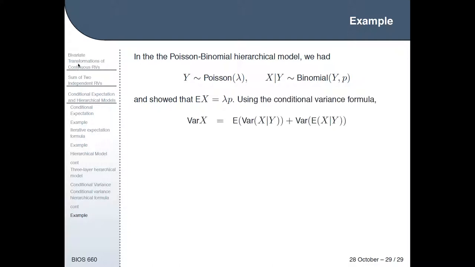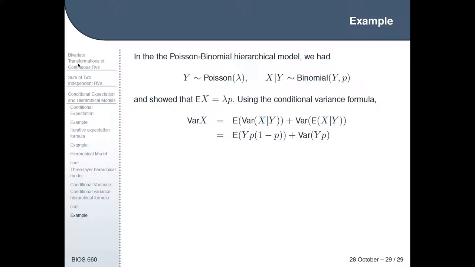Say we wanted to find the variance in the number of insects that survive to adulthood. We can use the conditional variance formula. That's the expected value of the variance of X given Y plus the variance of the expected value of X given Y.